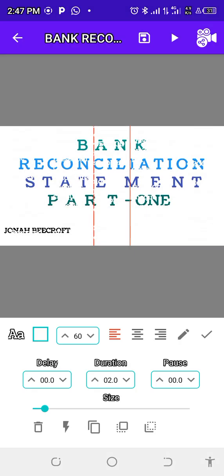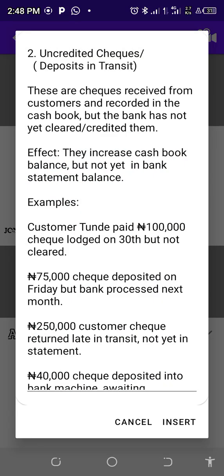Now, let's go further. Then uncredited cheques. If you don't call them uncredited cheques, you call them deposit in transit. When you hear deposit in transit, it means the same thing as uncredited cheques. These are cheques received from customers and recorded in the cash book, but the bank has not yet cleared or credited them.